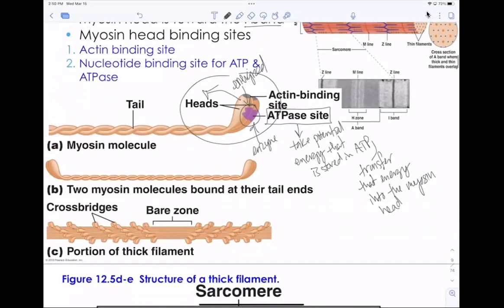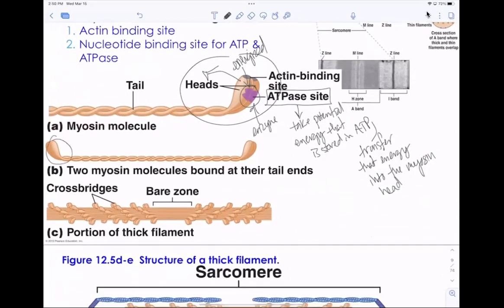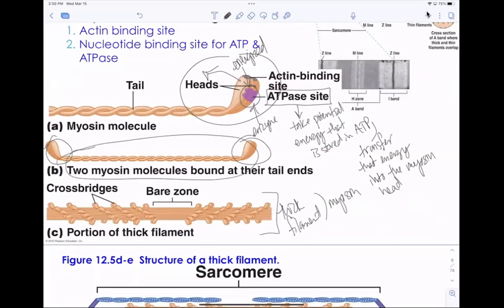So you can see these myosin have two heads, and the way this thick filament, or what we call myosin, is put together, it's a bunch of these myosin strands put together. And so you have a lot of myosin heads going in a lot of different directions that can attach to a lot of actin strands.